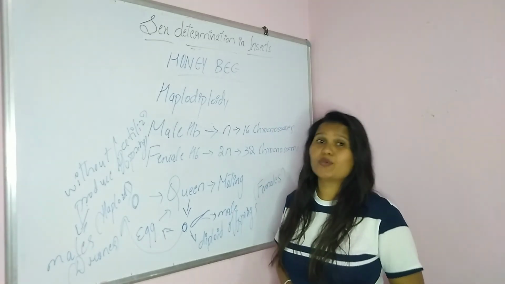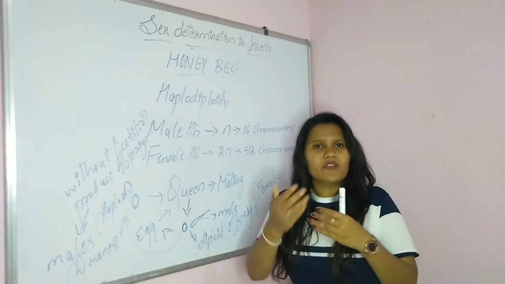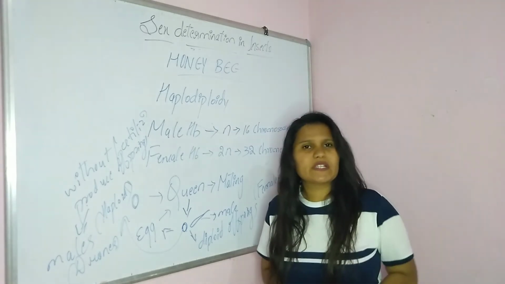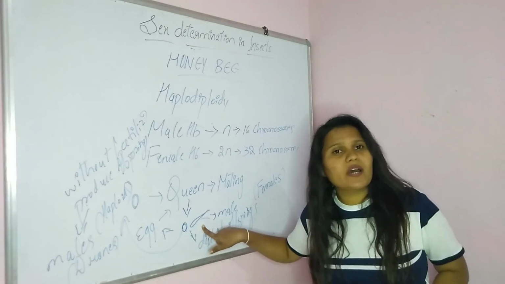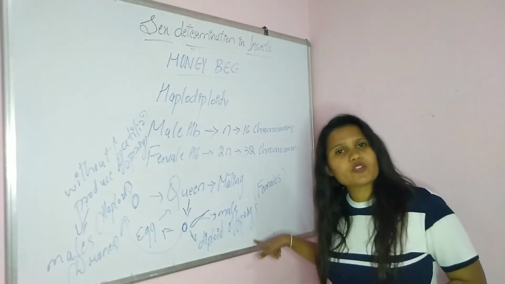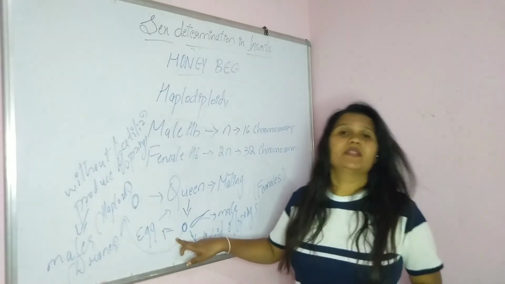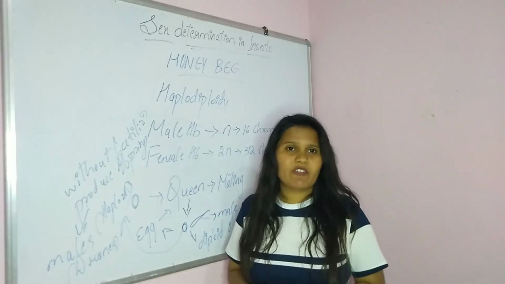It is a term parthenogenesis, where the organism which will not get fertilized its egg, okay, the egg won't be fertilized but the offsprings will be produced. So if the egg gets fused with the sperm of the honeybee, then there will be production of the females, that is the diploid. Suppose the egg won't get fertilized, without fertilization the offsprings will be produced.